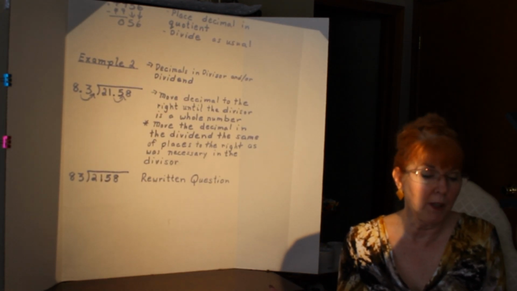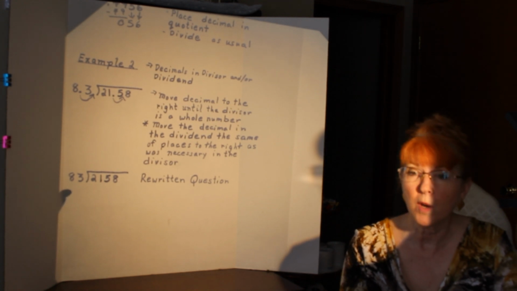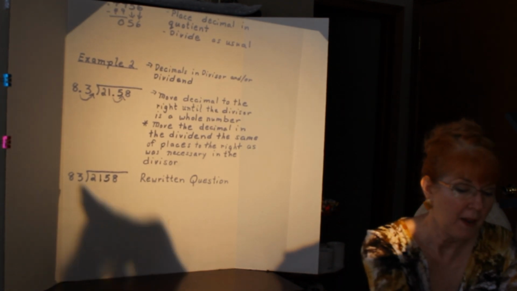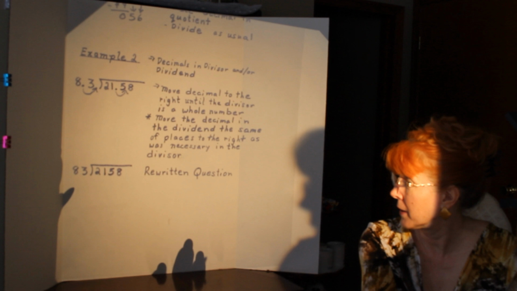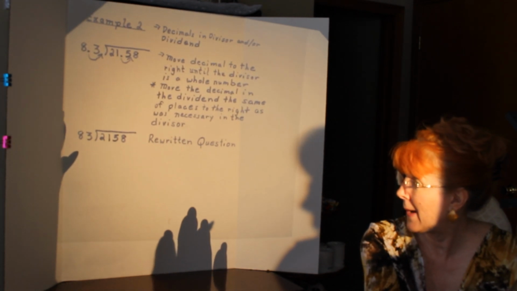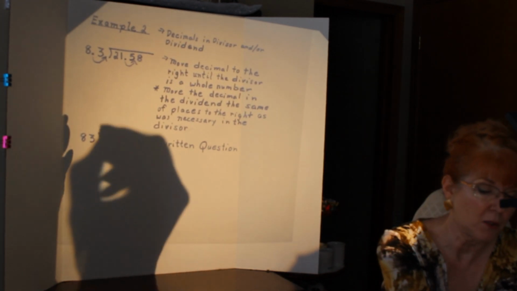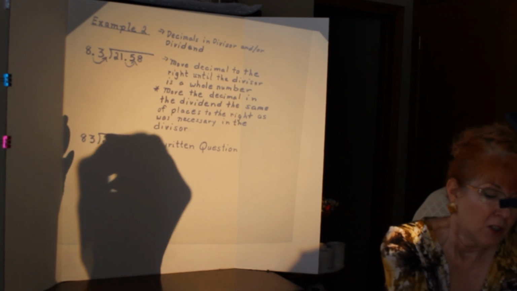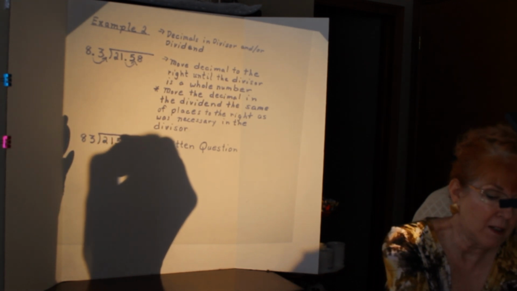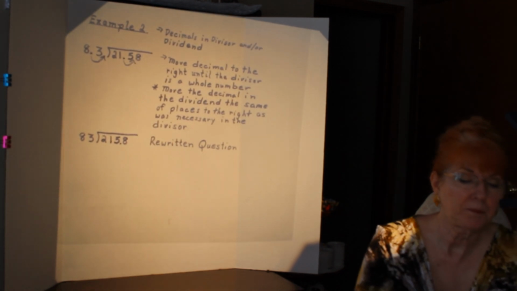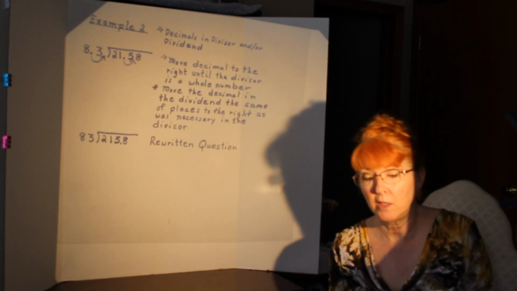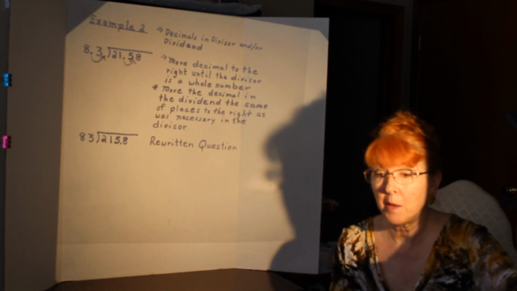Therefore, you have a totally new question. Your rewritten question would be 83 divided into 215.8. Once you have that, you just go back to example 1.